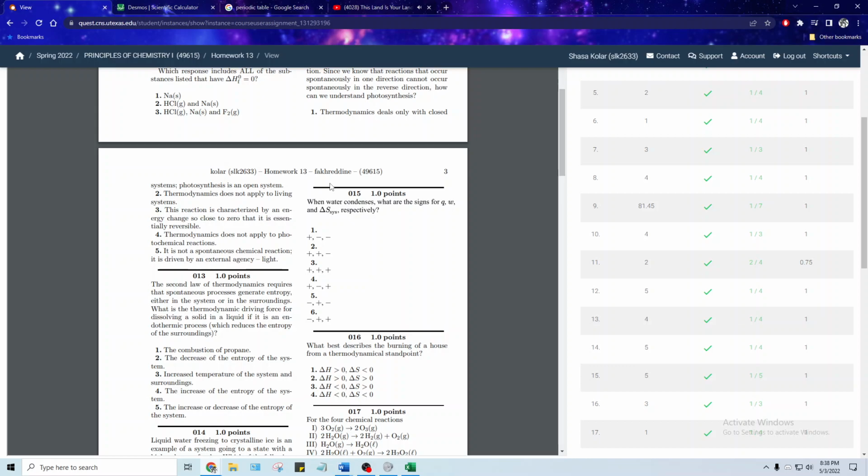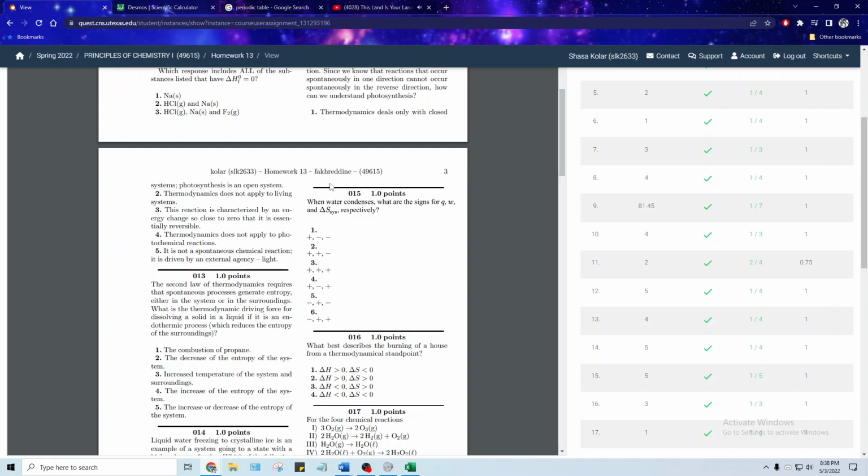What's the Q? The work is going out, yeah? So the work would be positive?